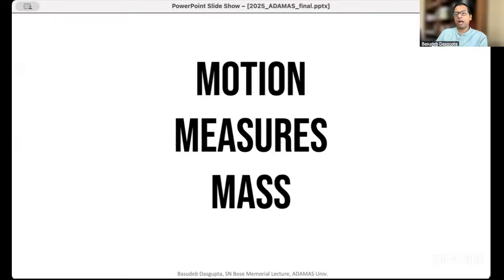So first, how do we know that there is dark matter? And I will give you a large number of techniques by which you can infer the presence of dark matter. But what is common to all the methods, I will give you about 5 different methods, but what is common to all the 5 methods is this mantra, that motion of objects measures the mass around it.